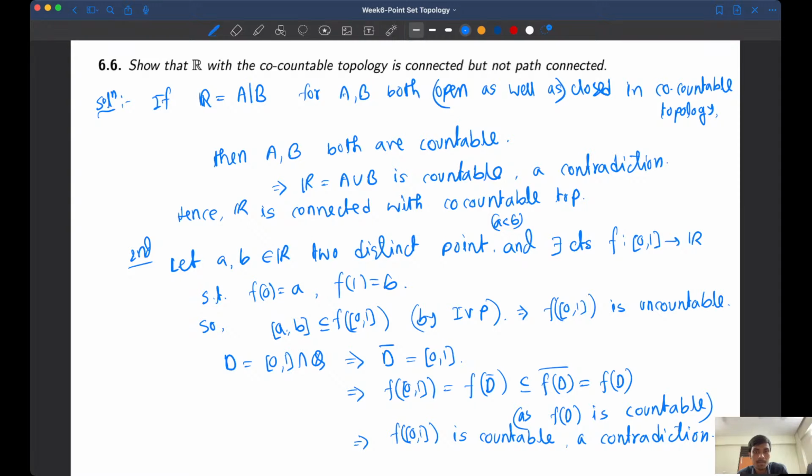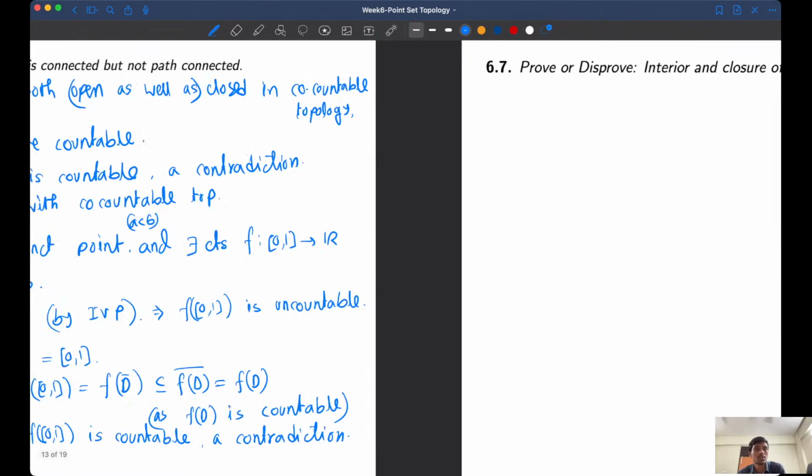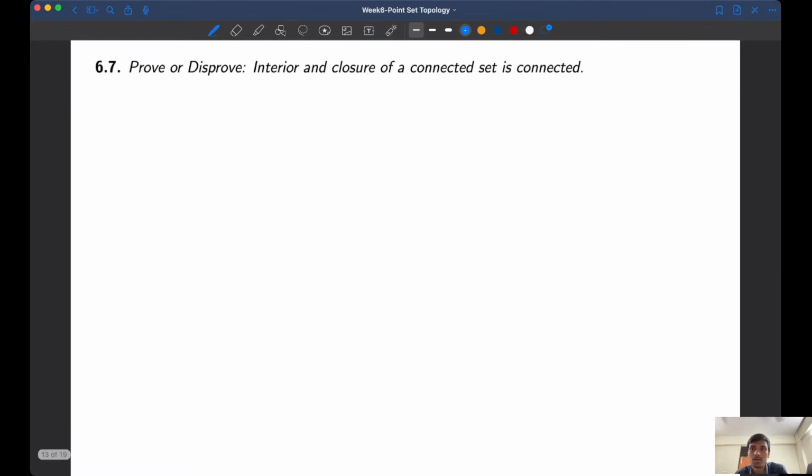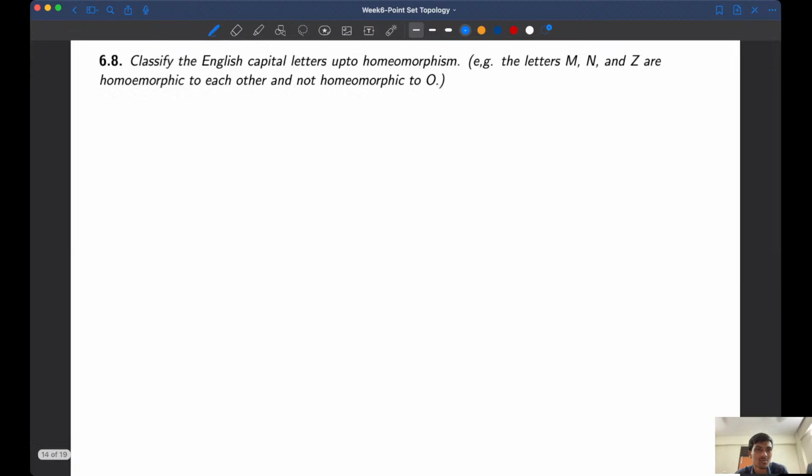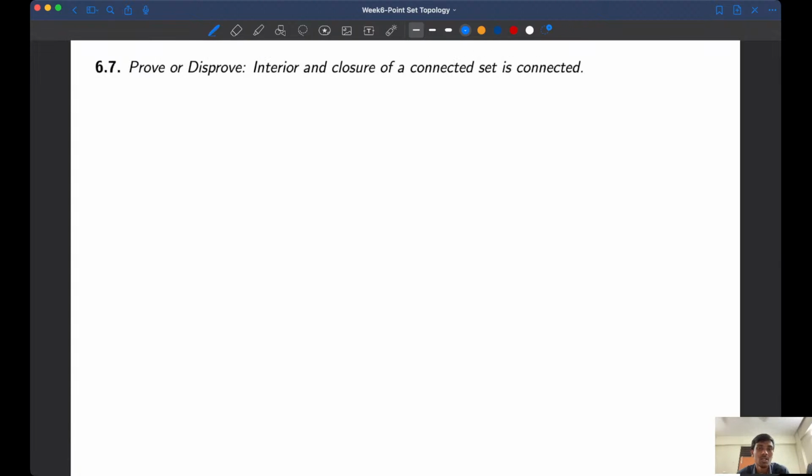Okay, I have one or two more things. Suppose I have a connected set. Is the interior connected? The closure of a connected set is connected, that's fine.